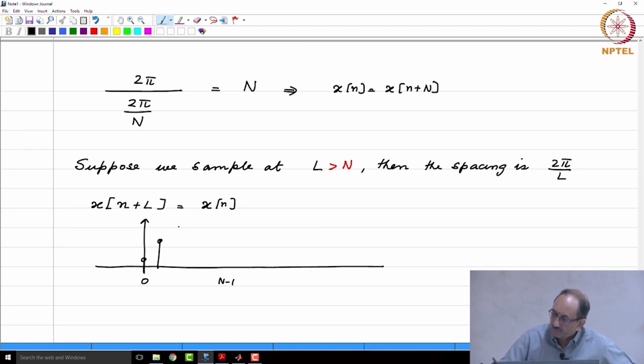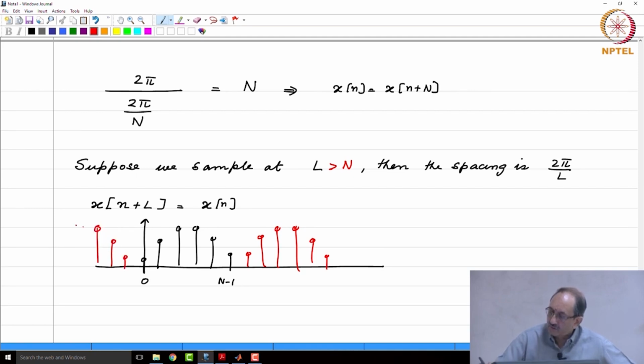Suppose I have this as my sequence. If I sample it at exactly n points, then what I will do is I will repeat this, and I will repeat this like this, and similarly I will cause repetition on this side because I am going to repeat periodically on both sides. So this is what my repetition will look like.